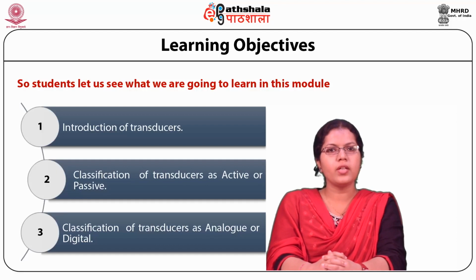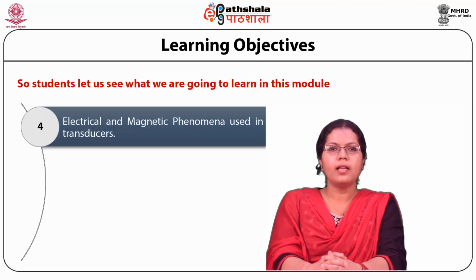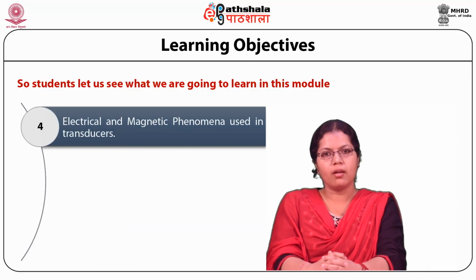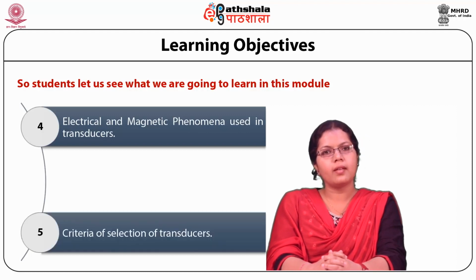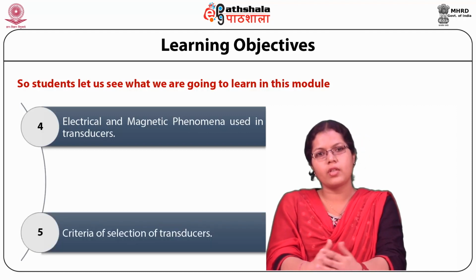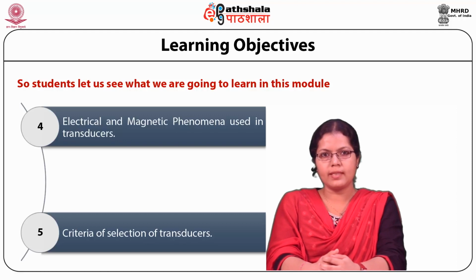Thirdly, the classification of transducers as analog or digital will be shown. Then, electrical and magnetic phenomena used in the transducers will be discussed. Then, the criteria for selection of transducers will be discussed.